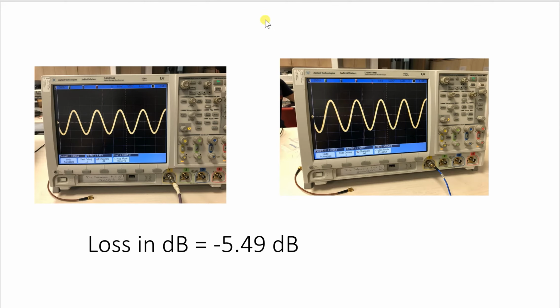Then I have plugged the SMA connector to another device and measured the input and the output voltage. Input is 1.45 volts and the output voltage is 770 millivolts. So the attenuation is calculated and it's approximately minus 5.5 dB, which is lower than 10 dB.